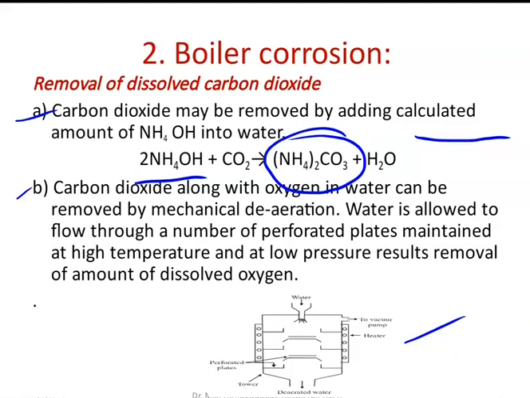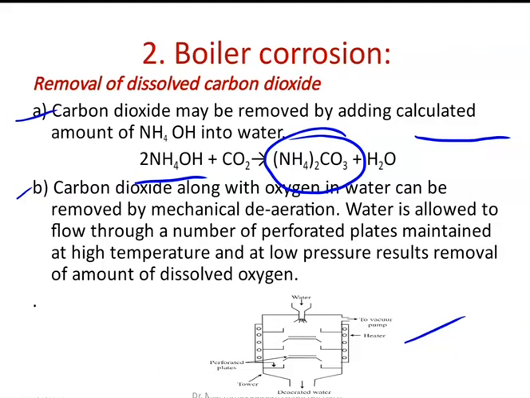Here water is allowed to flow through the tower from the top over perforated hot plates maintained at very high temperature and at low pressure. This results in the removal of dissolved carbon dioxide gas and oxygen. Thereby we can remove the dissolved gases from the boiler feed water. This is the second reason for boiler corrosion.